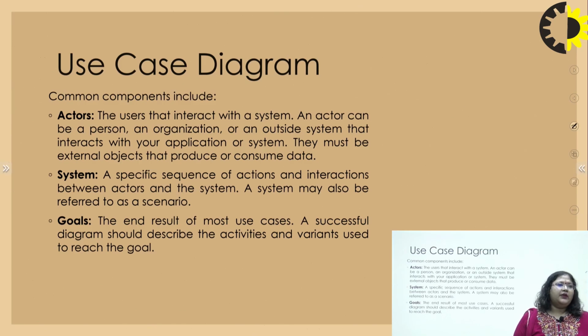Second is system, a specific sequence of actions and interaction between the actors and the system. They may also be referred to as a scenario. Goals, the end result of most use cases. Use cases means we have to define the functions of that particular object. That should describe the activities and the variants used to reach the goal.